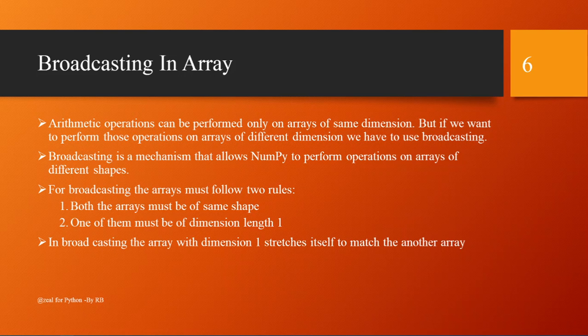Two rules must be followed for using broadcasting. The first one is both the arrays must be of same shape, at least the shape should be same. Or the next one is that one of them should be of dimension of length 1. When we change the dimension to 1 of the array, it stretches the complete array to match the other array.